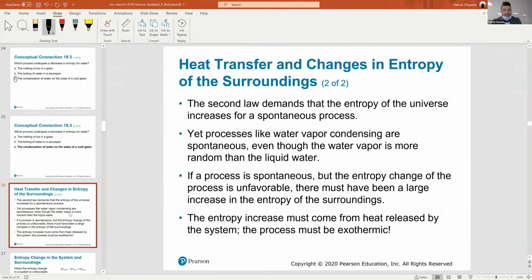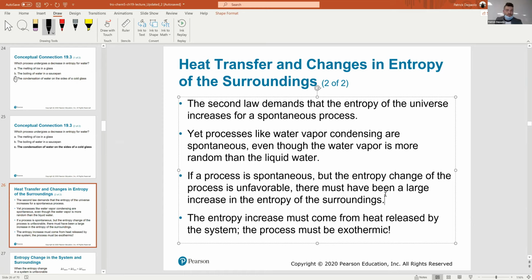When water vapor condenses from gas to liquid, it's spontaneous, but the entropy is decreasing for the molecules of the water themselves. Why is that? That's basically the third bullet point. It's spontaneous, but the entropy is unfavorable for the system. The only way that's possible is there must have been a large increase of entropy to the surroundings.